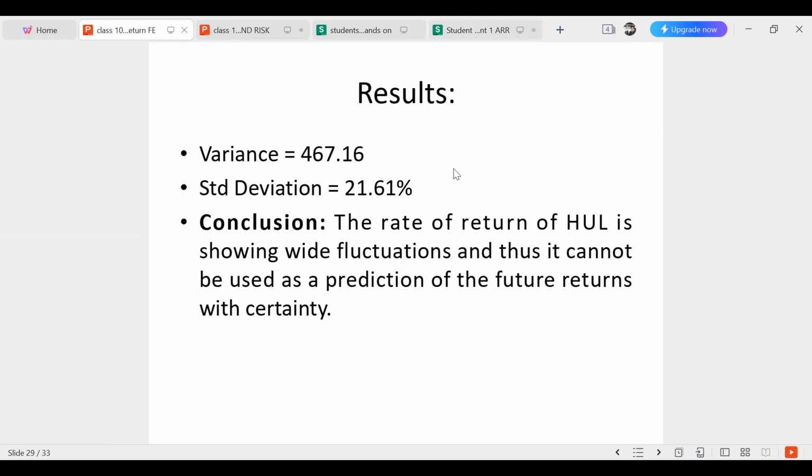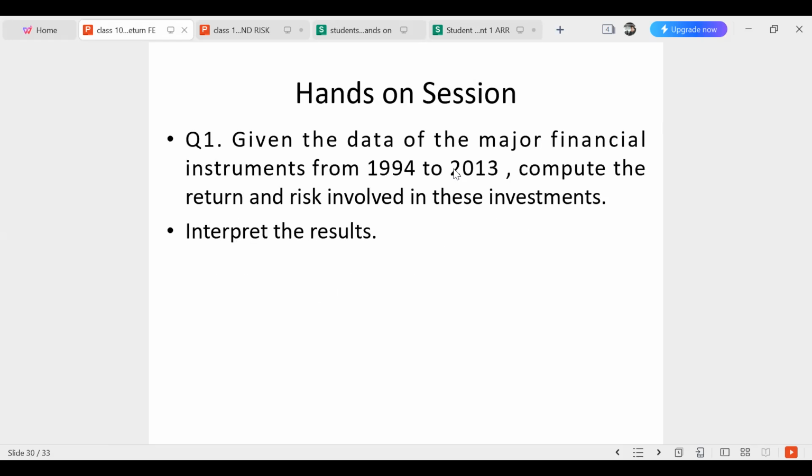Conclusion is that this return is showing wide fluctuation and you cannot predict with certainty about the future return. So it depends whether you're going to invest or not. It depends upon the risk attitude of that investor. Some investors are very risk loving because you can see returns are also very high. In case the economy prospers, your return is also very high and vice versa. So it depends upon what type of investor the person is.